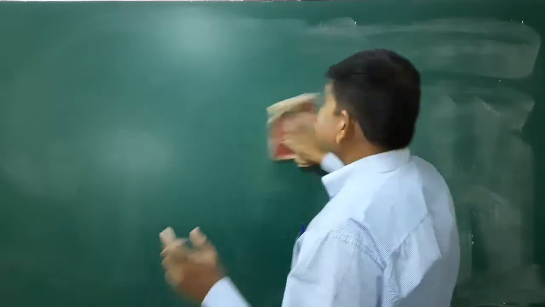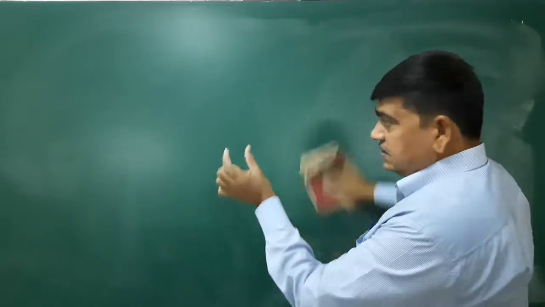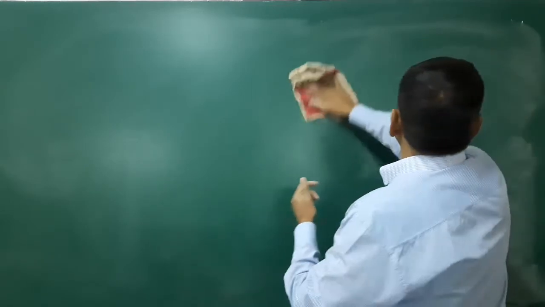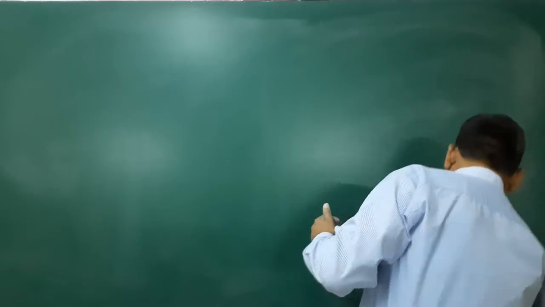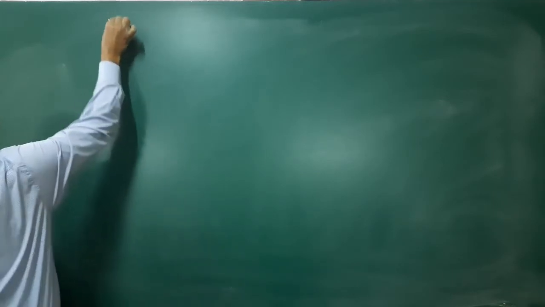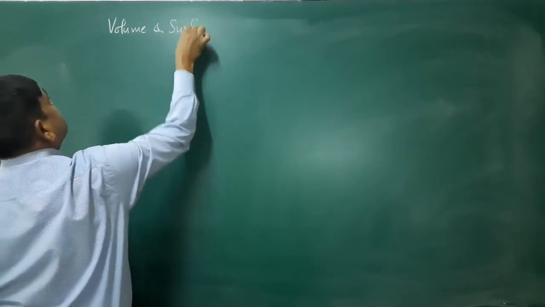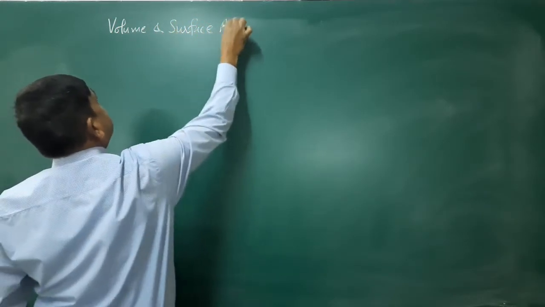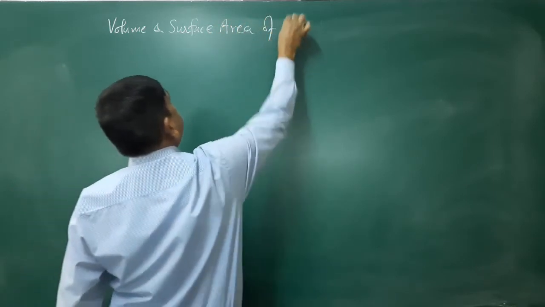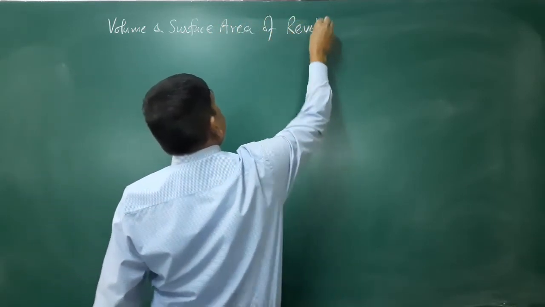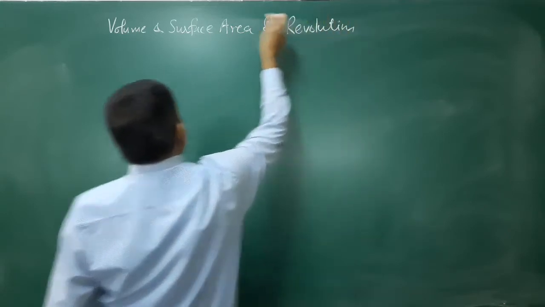Now it is not necessary that the pink part is the line segment, it may be a curve. Volume and surface area of revolution.